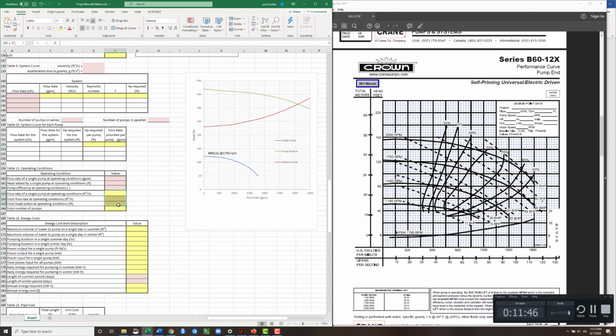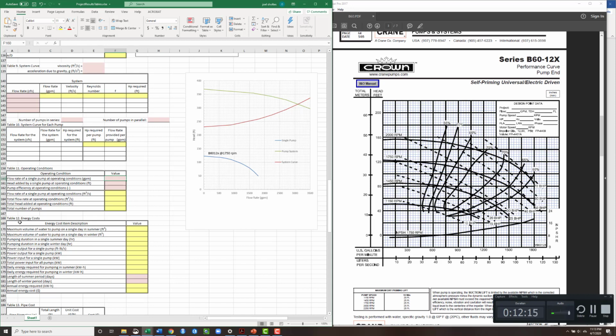And then we can calculate the total flow rate, total head, and total number of pumps. And note that each of these yellow cells requires you to document the calculation in your write-up. The red cells are just single values that you put in, or constants.